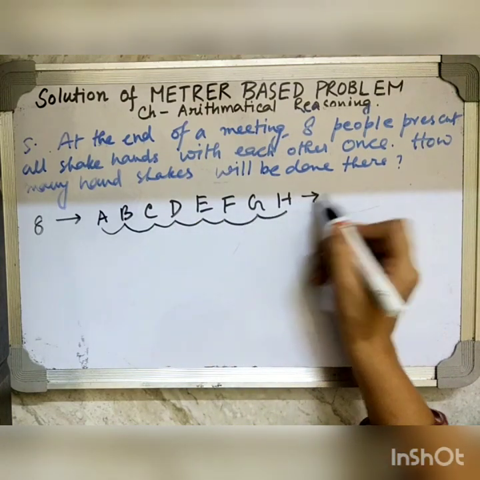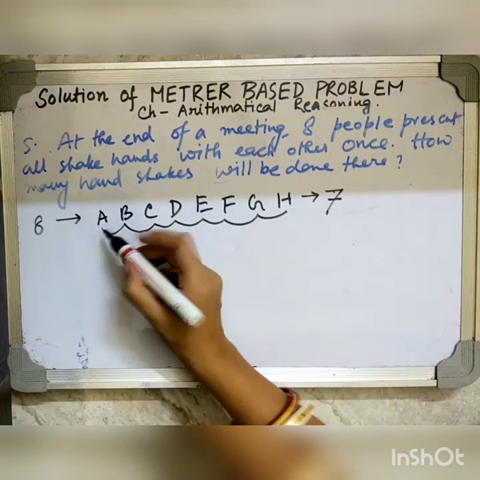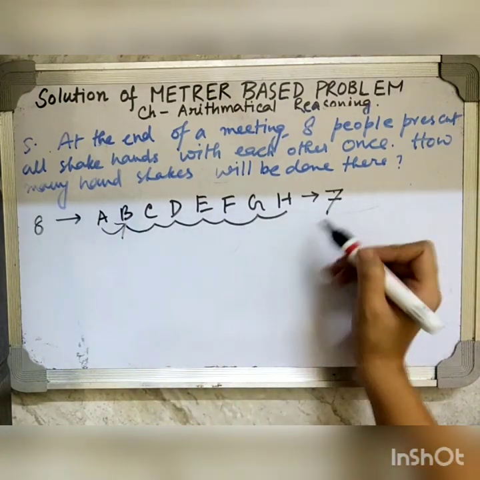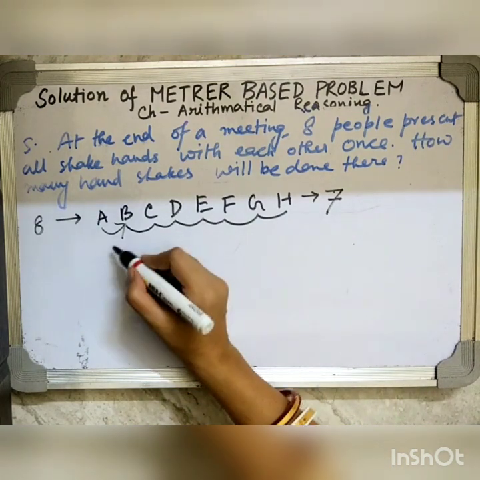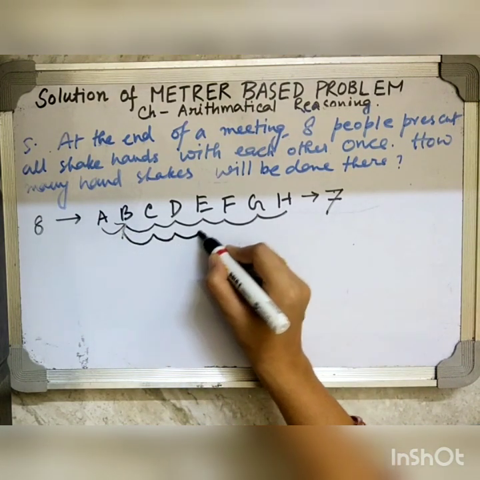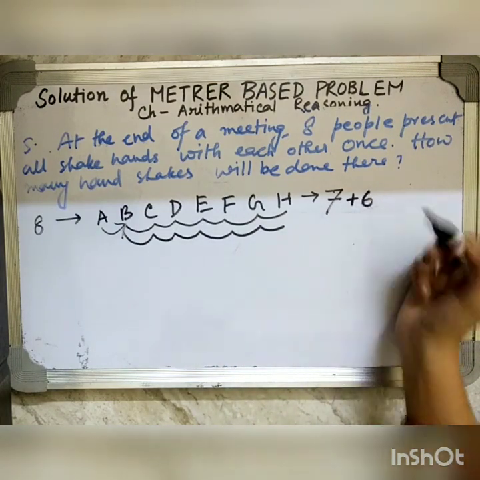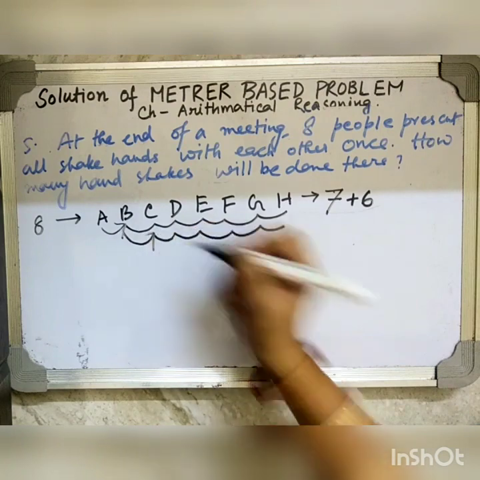So how many handshakes are forming? 7. A is shaking his hand with these 7 people. Now B will shake his hand with these 6 people. Okay.